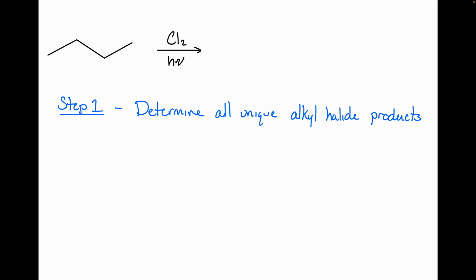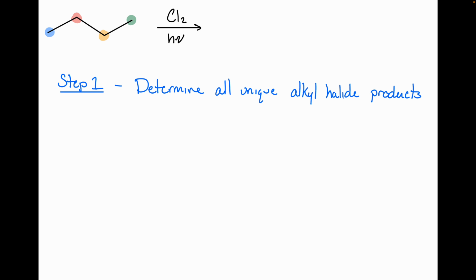All right, so what do I mean by that? We have these 4 carbons here. Any one of them could be halogenated. So what we want to do is figure out what our potential products are for this reaction. Since I have these 4 carbons, I could put a chlorine on this one.